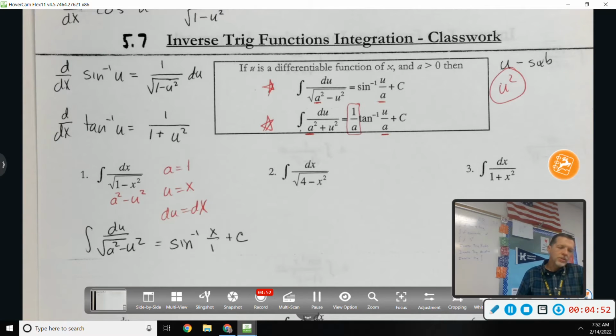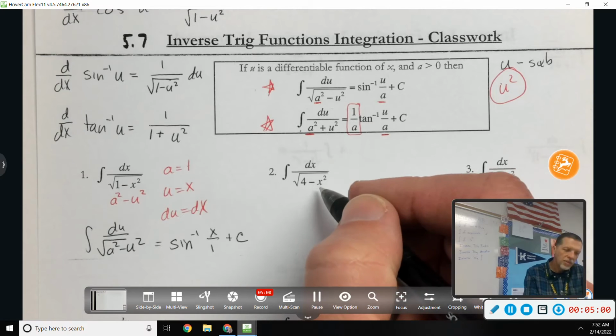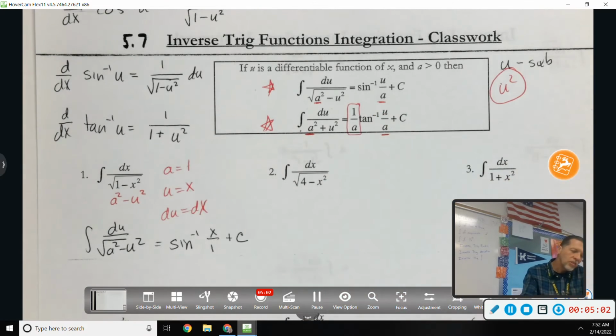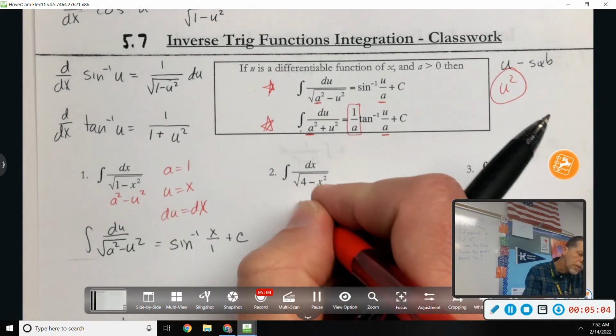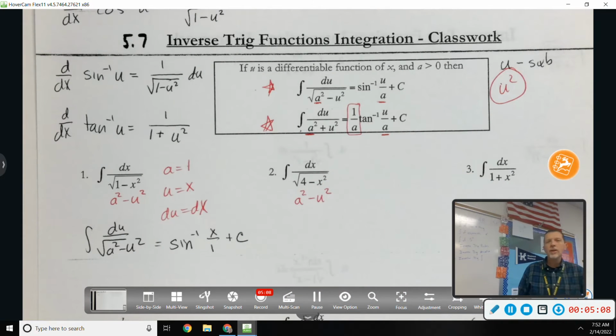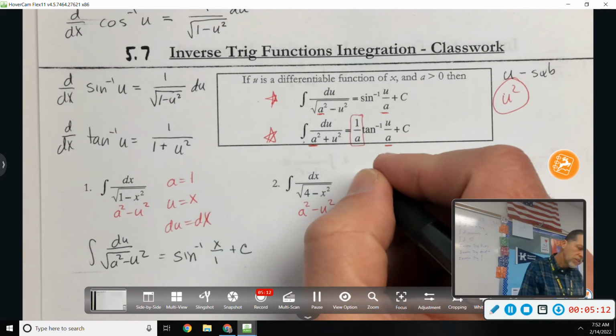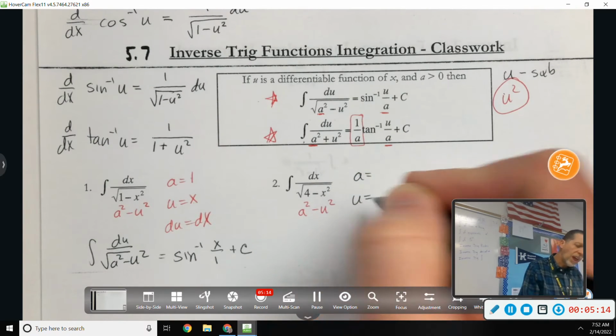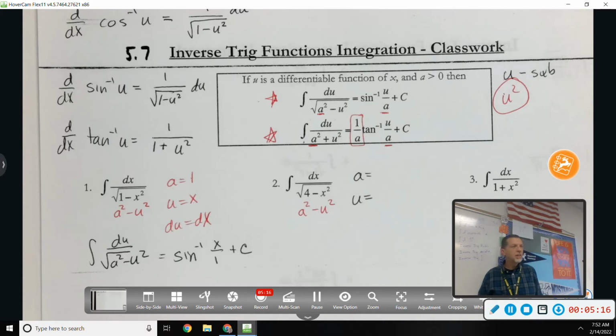All right, number 2. So big picture, does that look like an inverse sine or an inverse tangent to start with? Inverse sine, because there's a square root and it's minus. So I'm pretty sure this is inverse sine. So I'm going to try to start matching things up. Inverse sine has a squared minus u squared. So what would a need to be? 2.